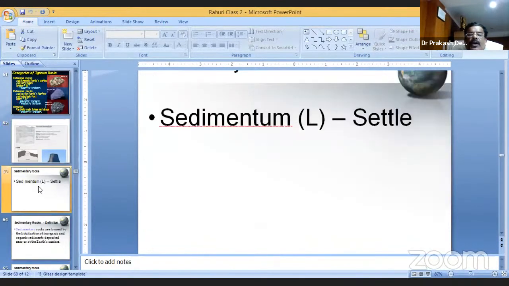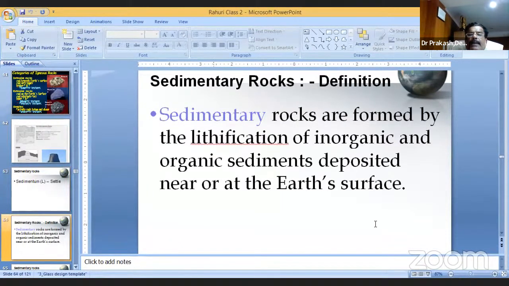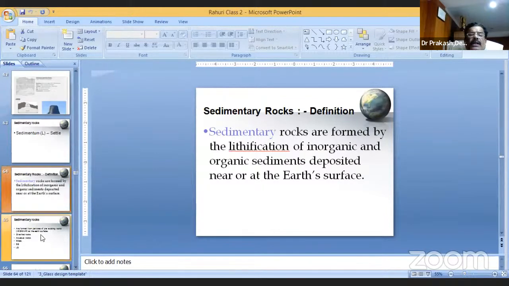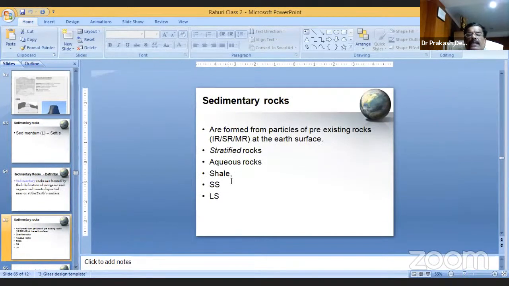So coming to the sedimentary rock: sedimentum, a Latin word meaning to settle. Sedimentary rocks are formed by the lithification of inorganic and organic sediments deposited near or at the earth's surface. They are also called stratified rocks.